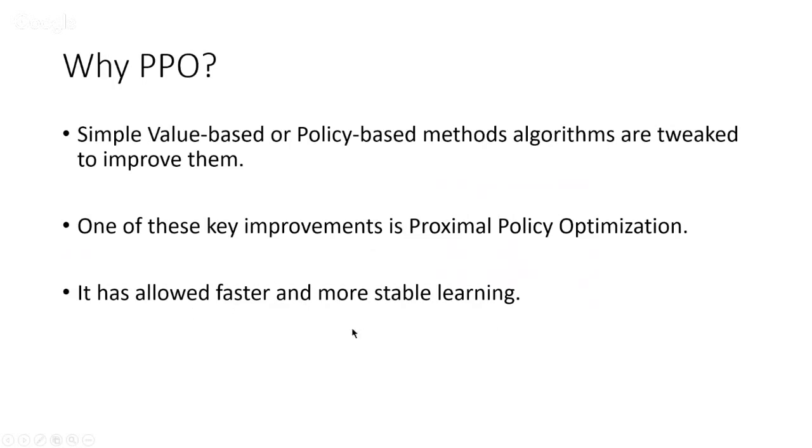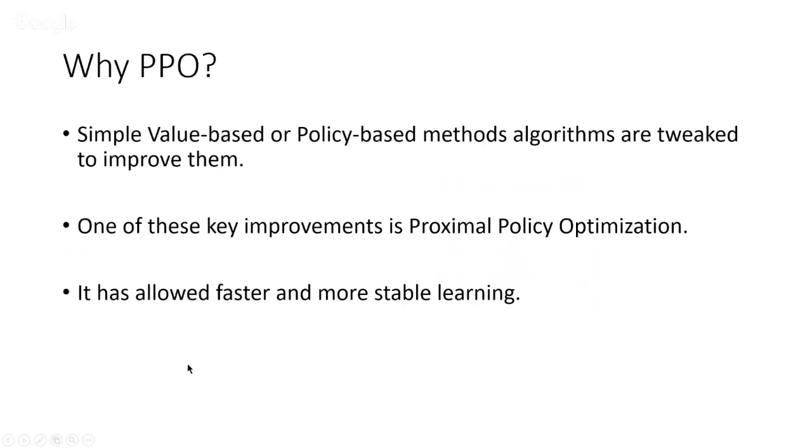By stable, I mean it shouldn't collapse. Even if you have solved the environment, after some time it collapses and goes to zero. The efficiency goes to zero, or the score goes to zero. So that shouldn't happen. It should be a constant, continuous score.